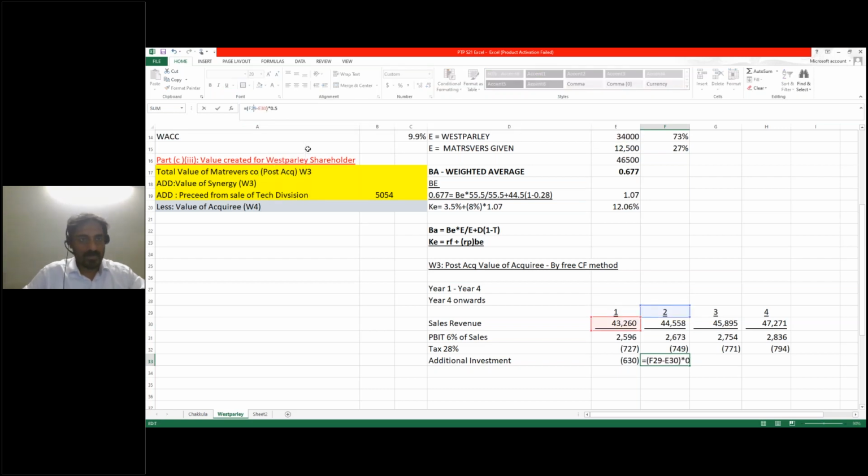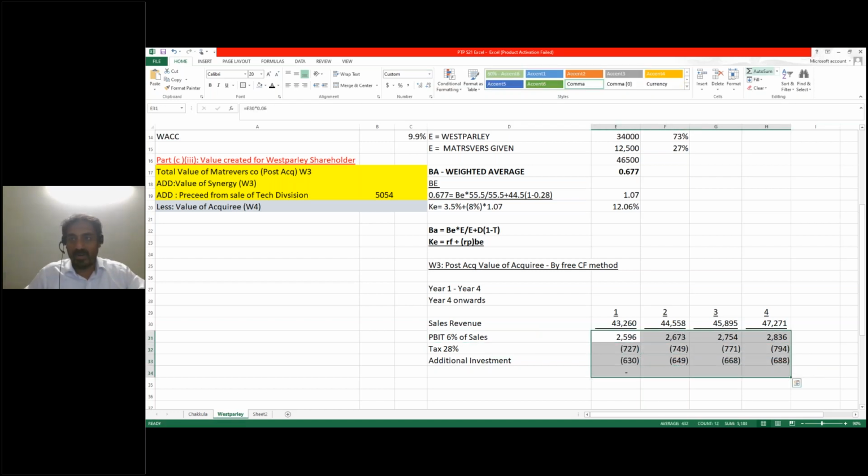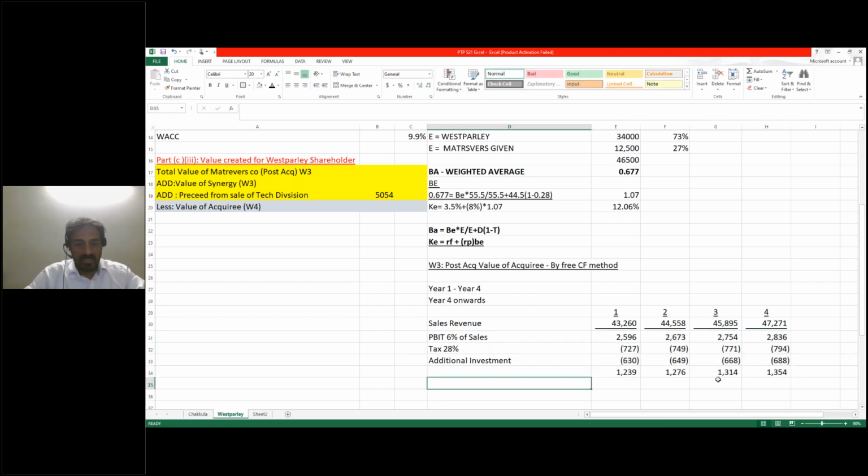Sorry. Yes, but that is the value of minus. Control C, Control V. And this is what about the matter.